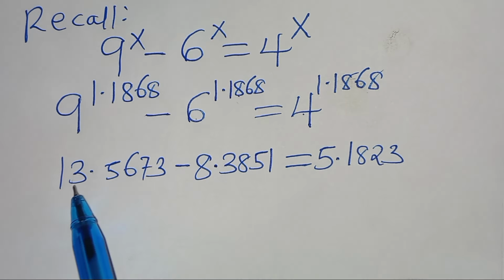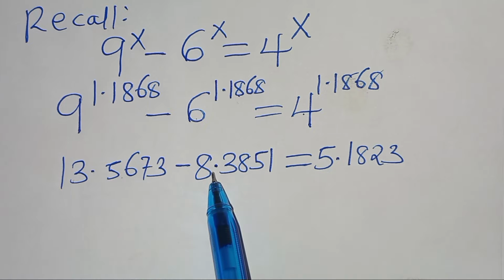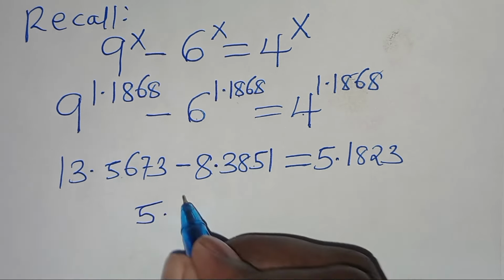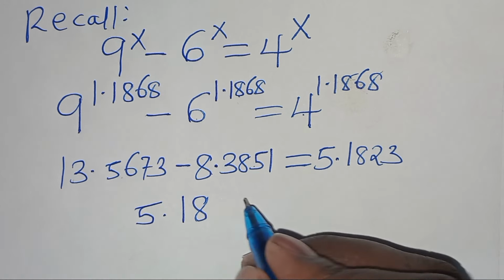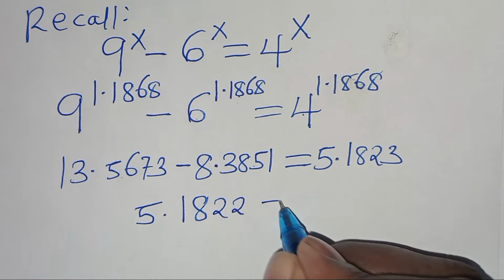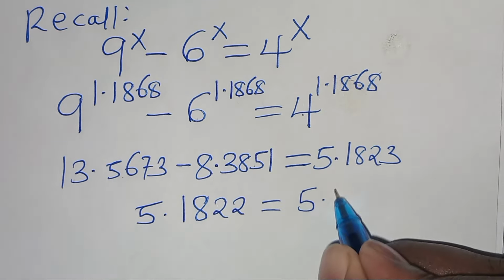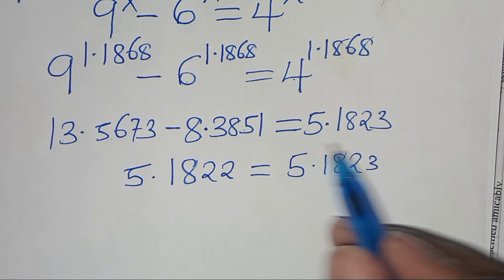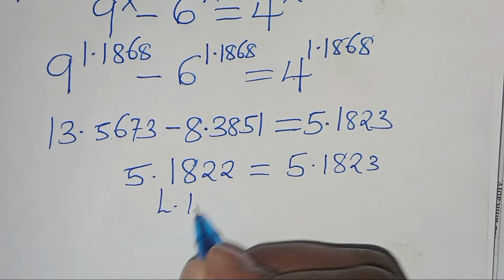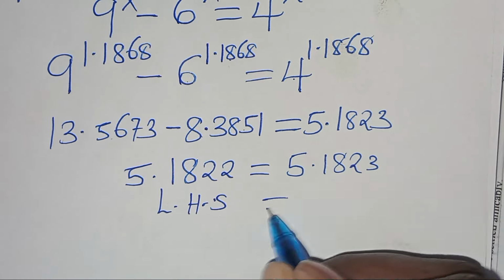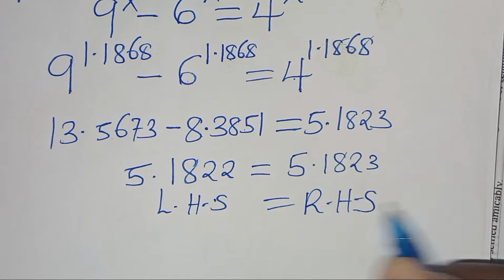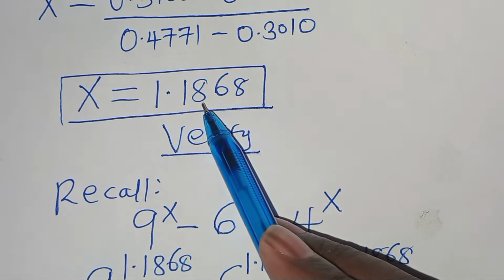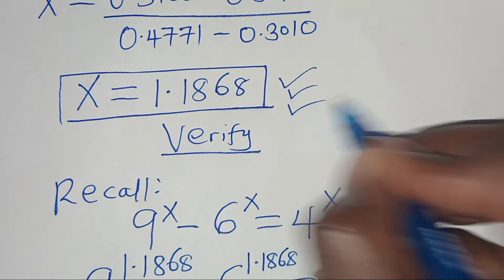So if we subtract 13.5673 minus 8.3851, this is equal to 5.1822 from here, and this is approximately 5.1823. And this approximation shows that the left hand side is equal to the right hand side. And this implies that the value of x, which is equal to 1.1868, satisfies the equation.